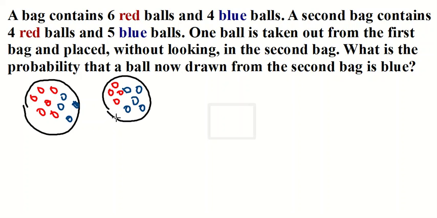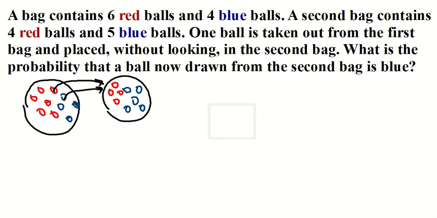So in this question we will be taking any ball, like for example we'll be taking a red ball from the first bag, or we can take a blue ball from the first bag and we can place it in the second bag.